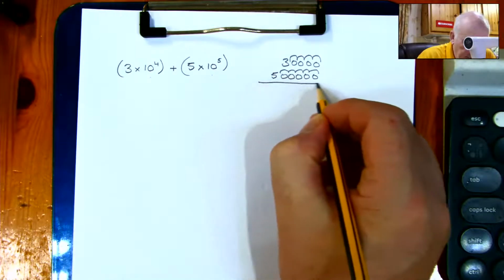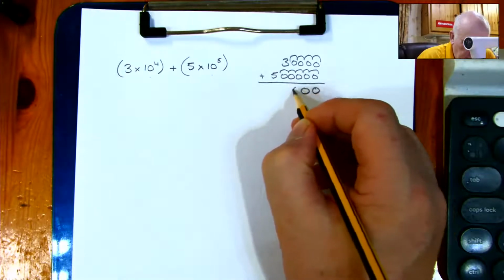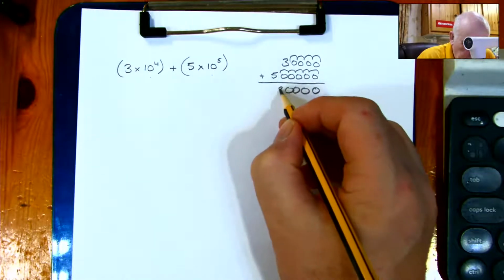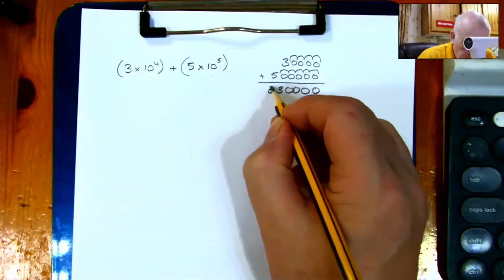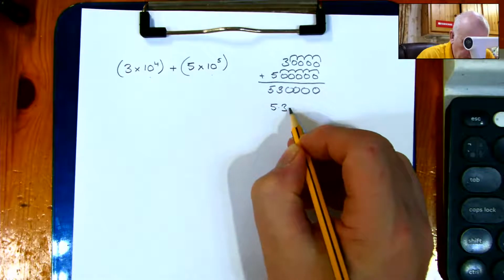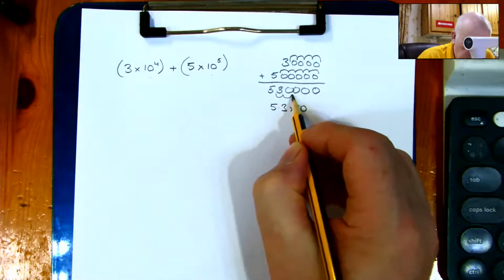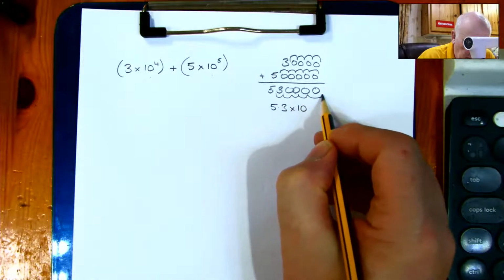And if we add these up, we then end up with 5.3 times 10 to the 1, 2, 3, 4, 5.